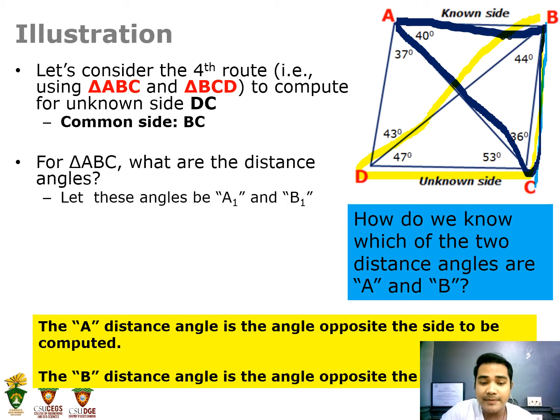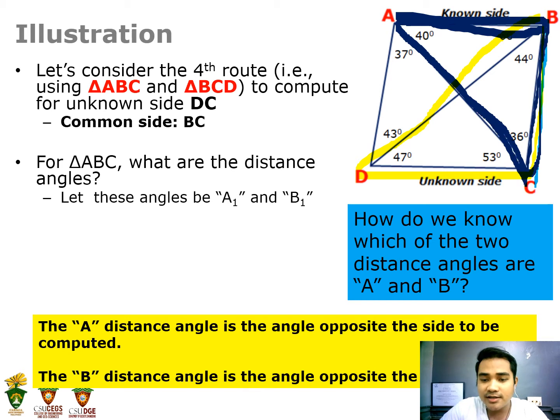Now, for triangle ABC, what are the distance angles? Which are the distance angles opposite of the known side? Yes, this one, 36.